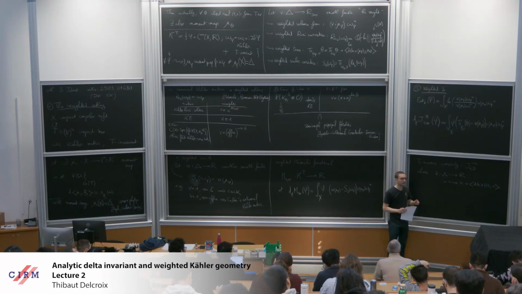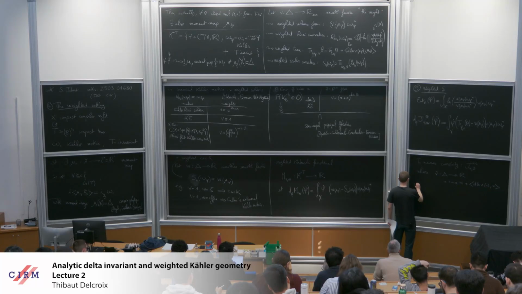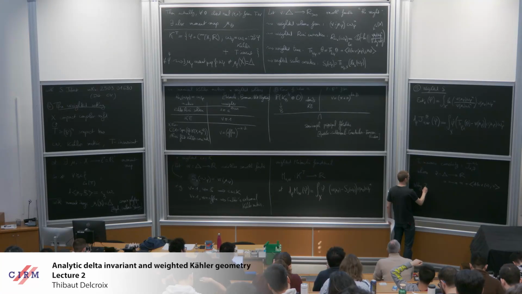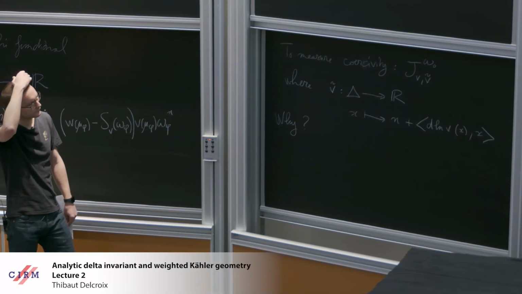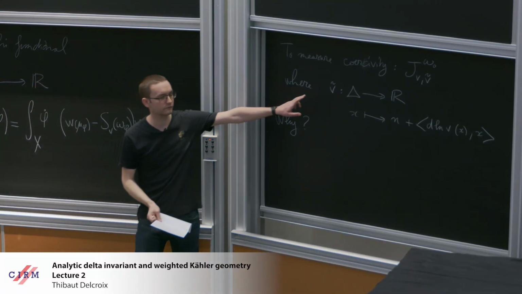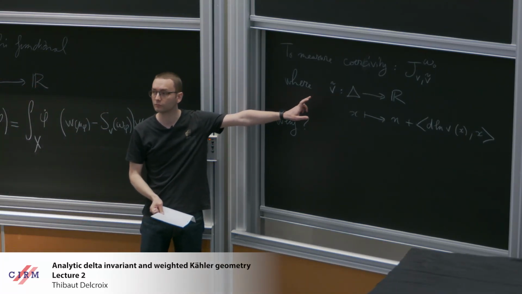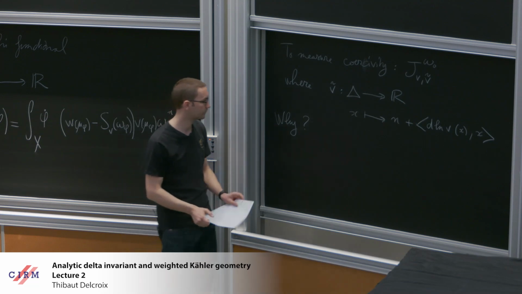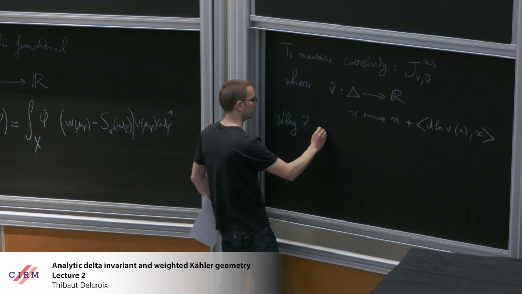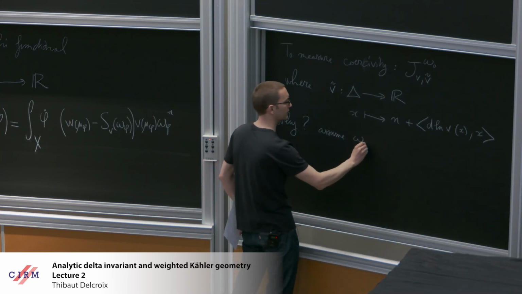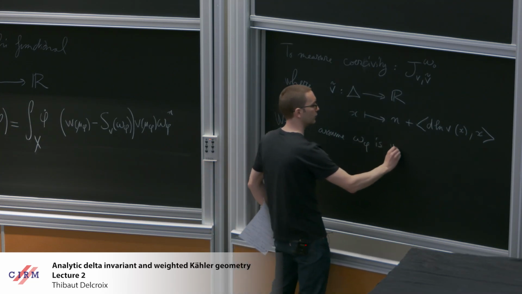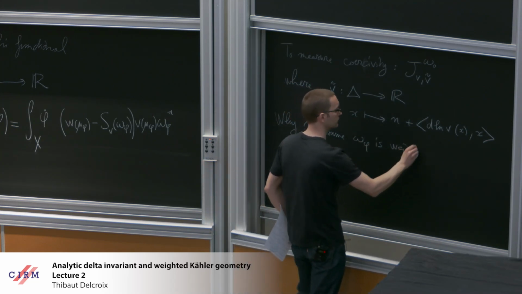So why do I take this weight? That's not a complete justification, but at least why is this weight a natural player here? So assume omega phi is a weighted soliton.